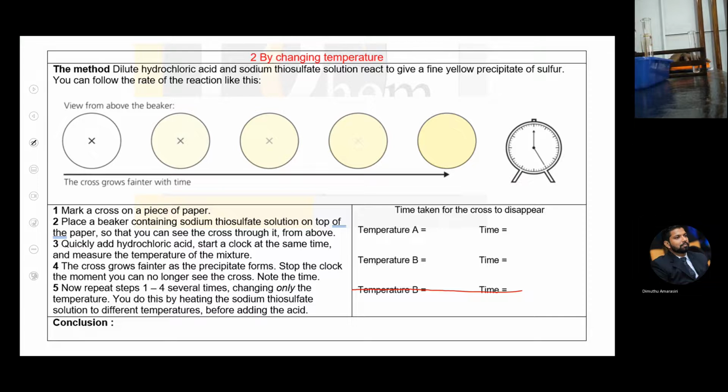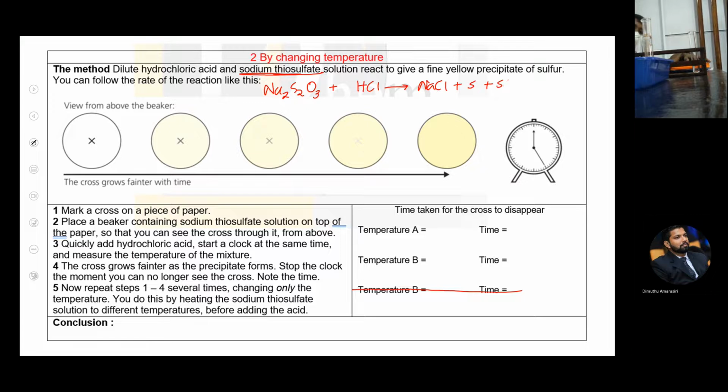Exactly. So here we have sodium thiosulfate, which is in the boiling tube. Sodium thiosulfate, Na2S2O3, is going to produce sulfur. You don't have to memorise this reaction, it's not in your syllabus.